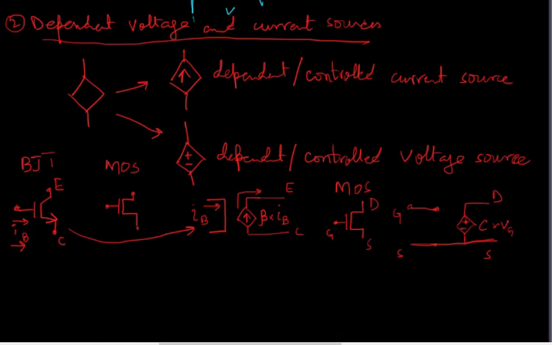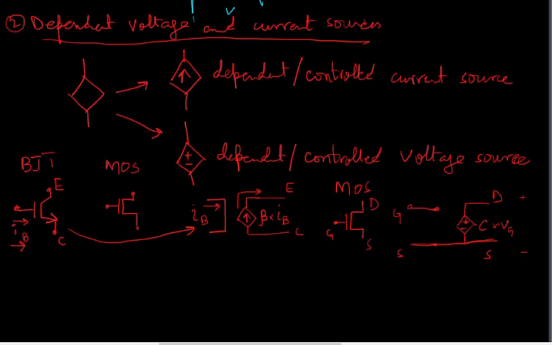So the voltage across DS here is a function of the voltage across GS multiplied by C. If you apply a little voltage here, 5 volts for example, then that voltage is multiplied by, for example, 10, and 5 tens are 50. So 50 volts are going to appear on the other side. And this kind of a device is called a dependent or controlled voltage source.